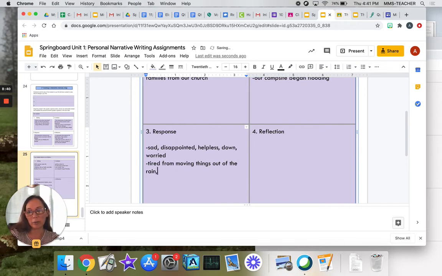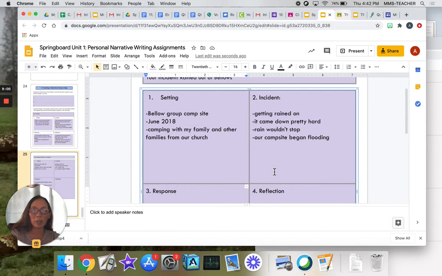And of course, a physical response was, even though we had those nice big tents, I was still getting soaked from trying my best to gather everything in. Okay, so that's physical and emotional response.